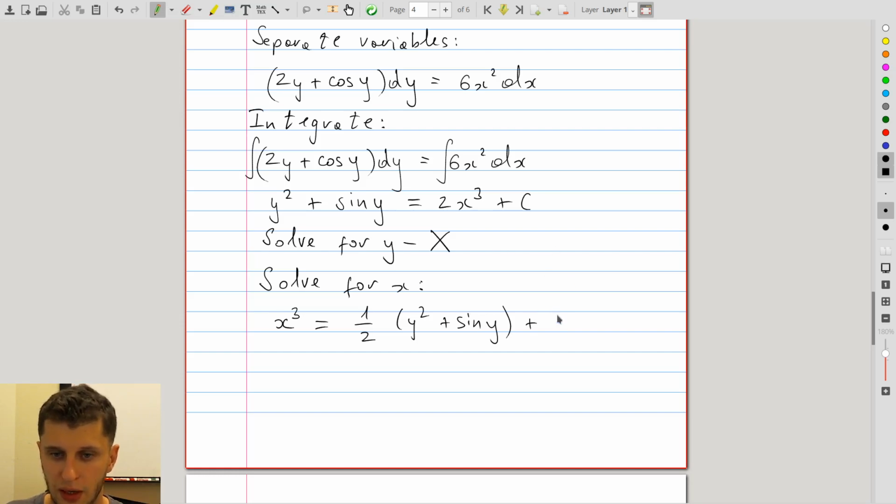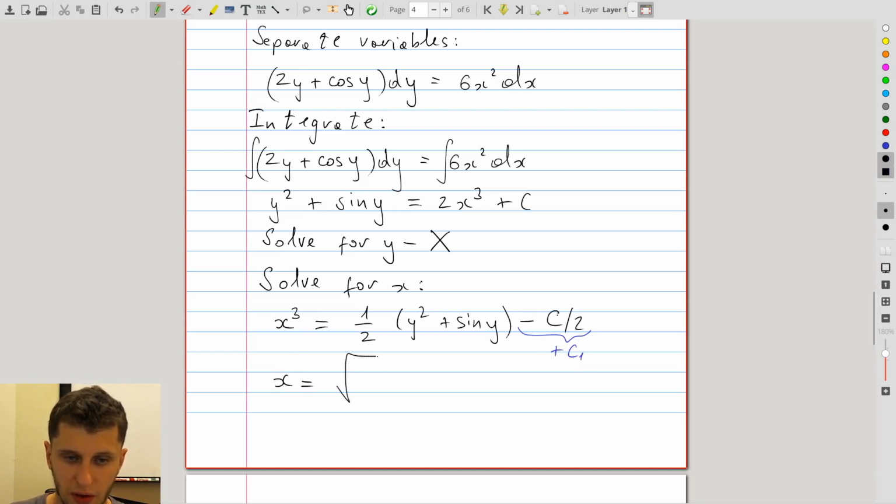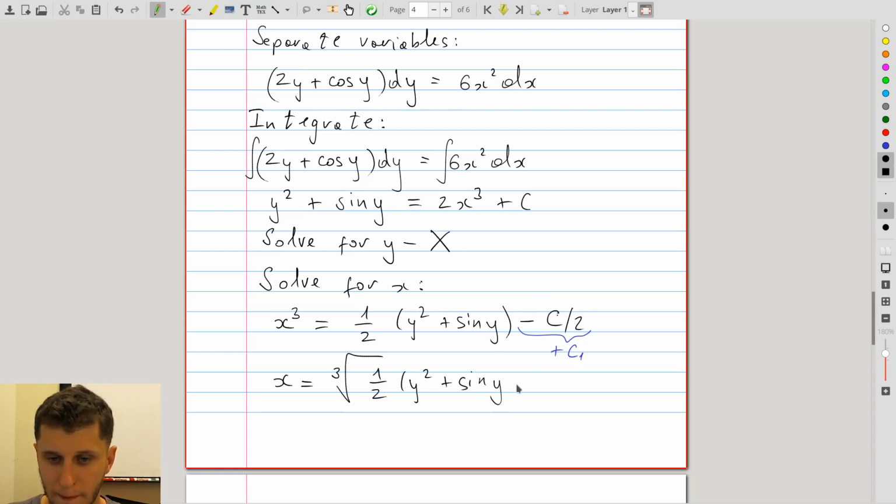So in principle, I should be adding minus c over 2 in the right-hand side, but if I reassign minus c over 2 to a new constant, I can just call it c1. And so this gives as a result that x equals the cubic root of 1/2 (y squared plus sine y) plus a constant.